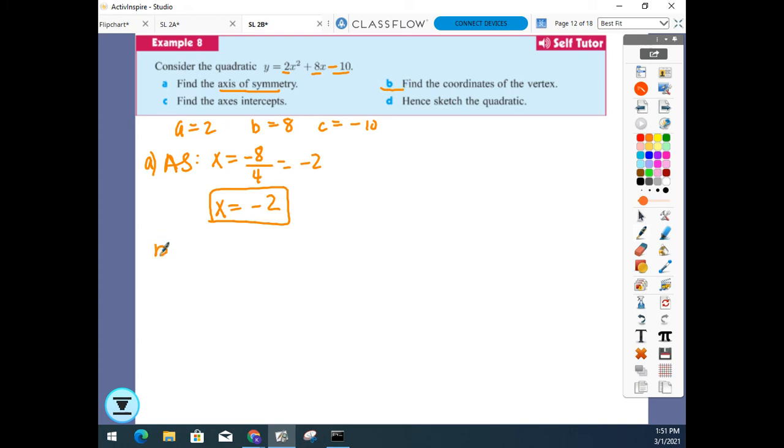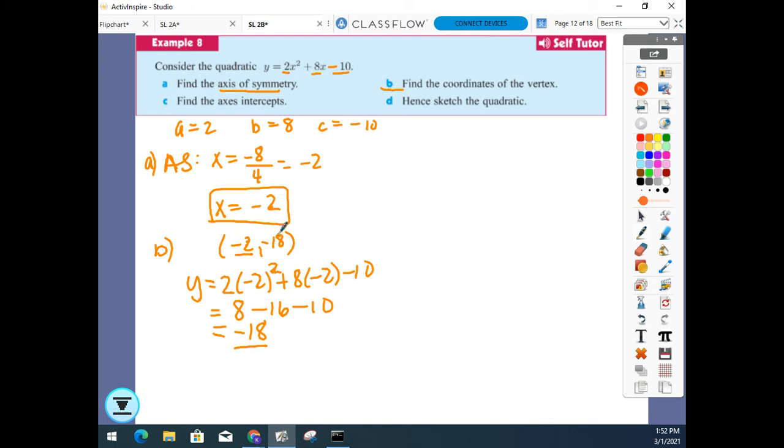Find the coordinates of the vertex, because this tells me the x coordinate of my vertex is -2. Your vertex and your axis of symmetry have the same value. So I'm going to use my equation and find the y value by plugging in -2 for x. -2 squared is 4 times 2 is 8. So my y coordinate of the vertex is -18.